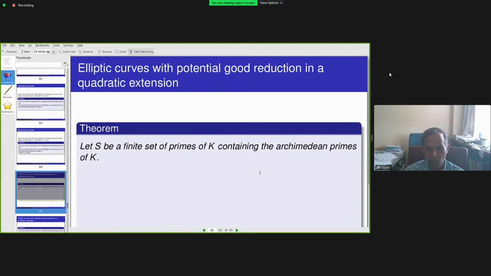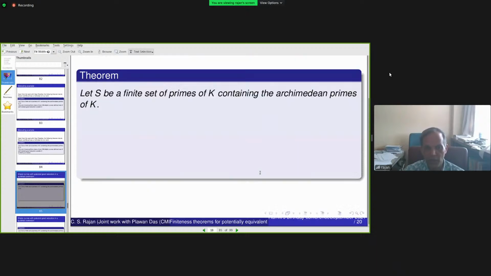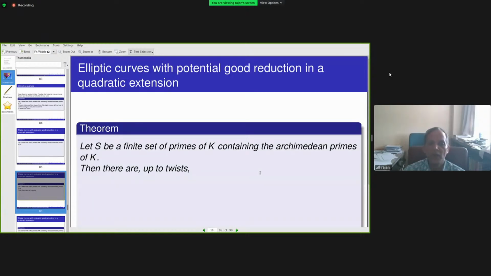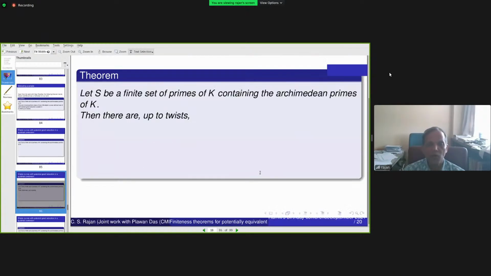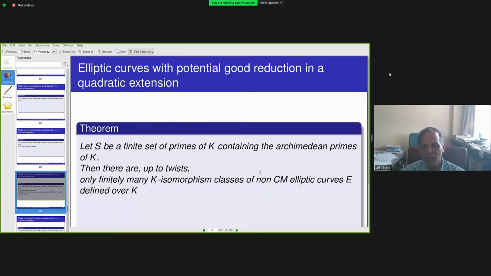You fix a number field K and a finite set S containing the Archimedean primes of K. Then there are, up to twists, only finitely many K-isomorphism classes of non-CM elliptic curves E defined over K. I'm not saying anything right now about the ramification of E, but I'm going to say that for some quadratic extension L of K, where L can be different.